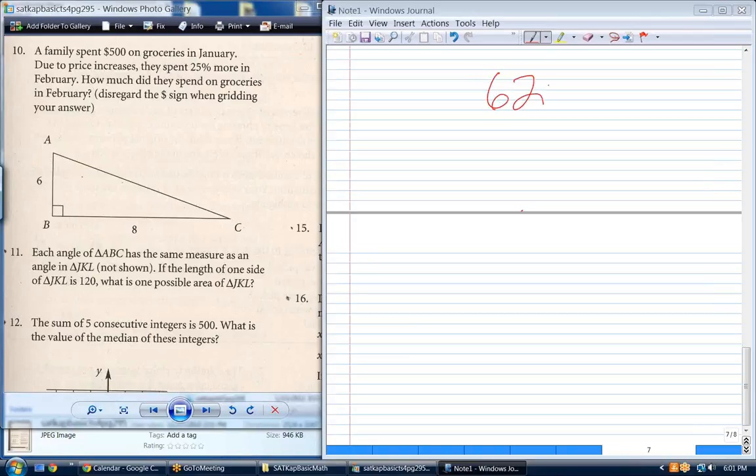Now, I don't have this book in front of me, so I can't even look. But I'm not sure if they have a decimal point in their grid. I don't think they do. I think that if you need a decimal point, you have to put it in. In other words, if I wanted to put it in that answer, I'd have to grid it all in. If it's just whole numbers, don't worry about the decimal point.